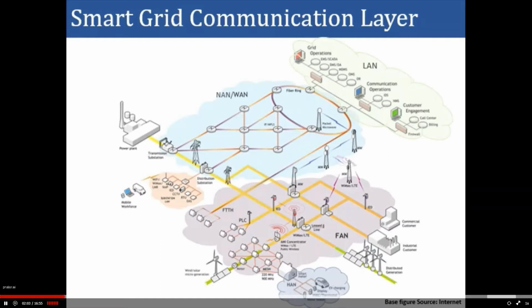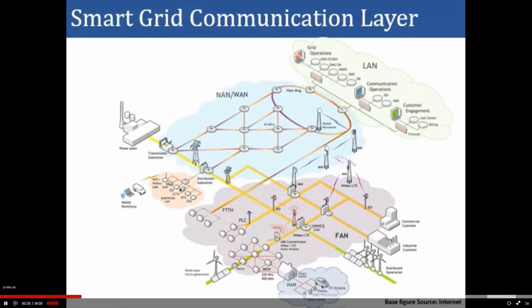The house level network, that is the home area network, is mostly a Wi-Fi network in the house. We also have other technologies like Zigbee for the data acquisition at the house level. After the data is acquired at the house level, the data from various houses can be collected using Zigbee or maybe RF mesh, similar kinds of technologies.